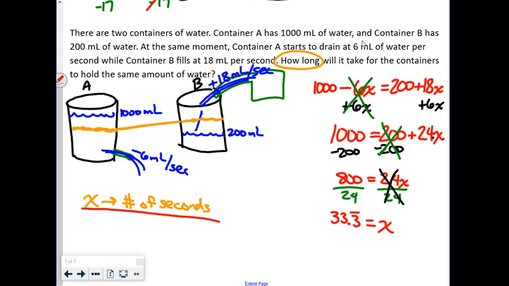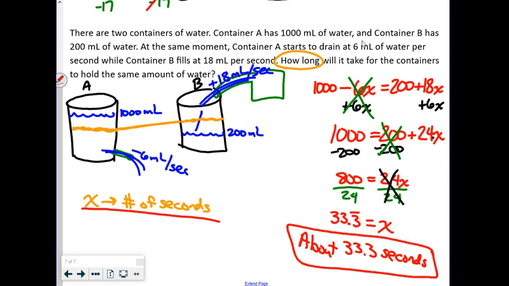I would say it's approximate, so I'll say about 33.3, and the label here is seconds. So it's not going to take too long for them to get to the exact same height of water, because remember, that's what the whole thing was. We're trying to find out how long it takes for those containers to get to the same height. And it'll be just over 33 seconds.